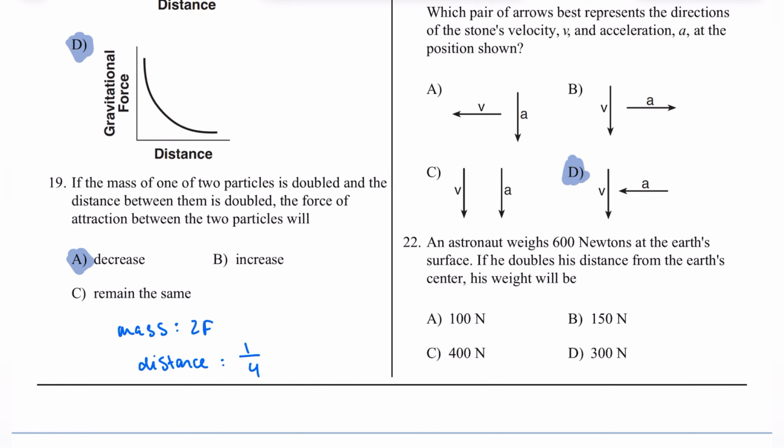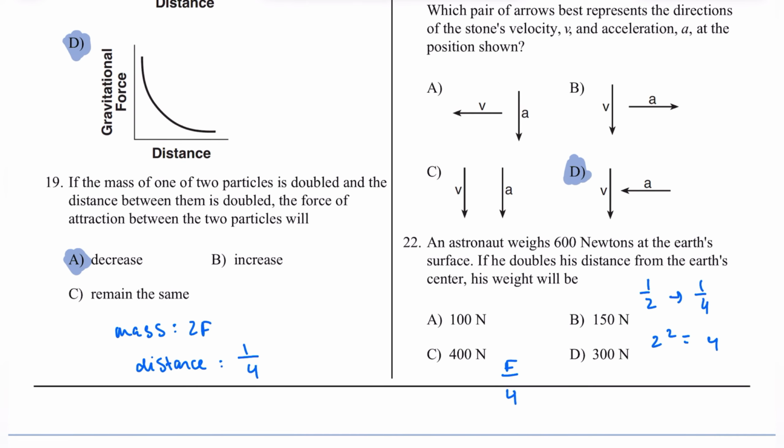So because the distance is doubling, and in the equation for Fg, radius is squared, not only will his weight decrease by 1/2, it's actually going to decrease by 1/4 because 2 squared is 4. And we just multiply 600 newtons by 1/4. So 1/4 times 600, and that's going to give us 150.